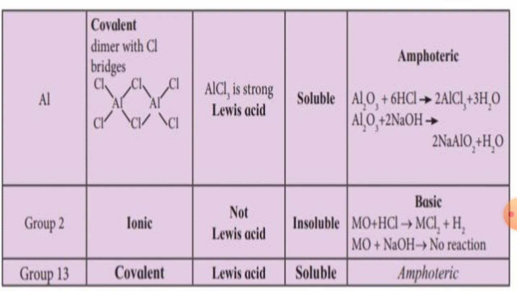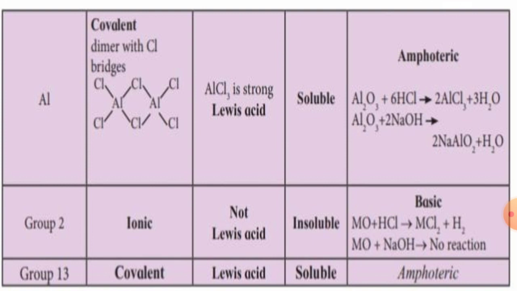The oxide of beryllium is amphoteric in nature. Here also aluminium oxide is amphoteric in nature. It is neither acidic nor basic. It is amphoteric in nature. While the other elements of group 2, they are ionic. They form ionic bonds, while group 13 elements form covalent bonds.